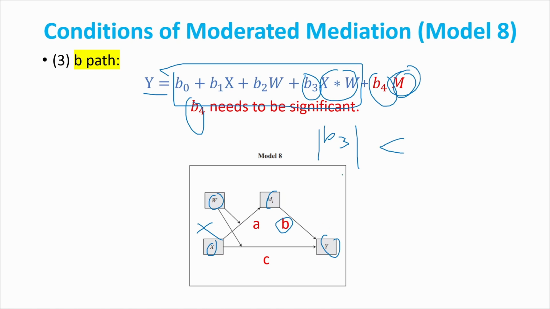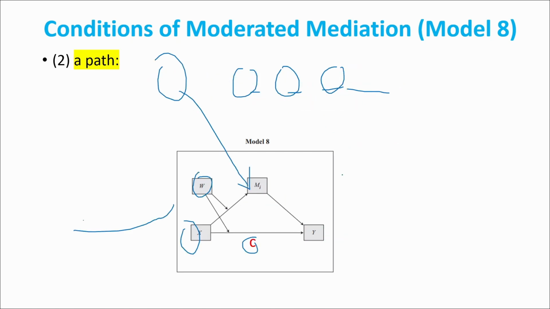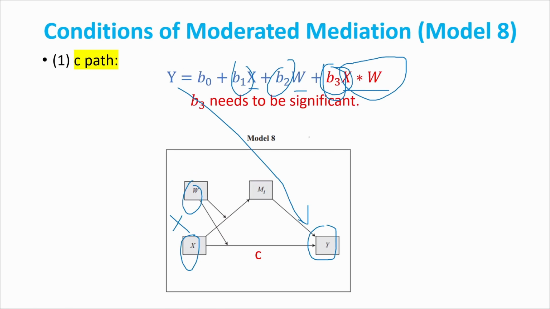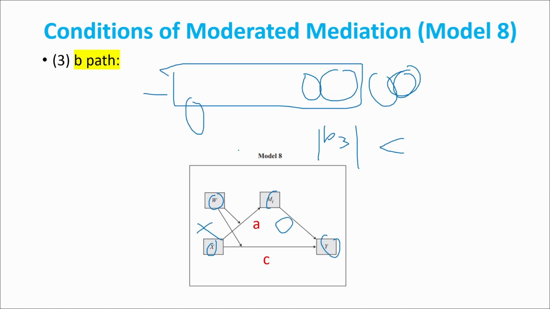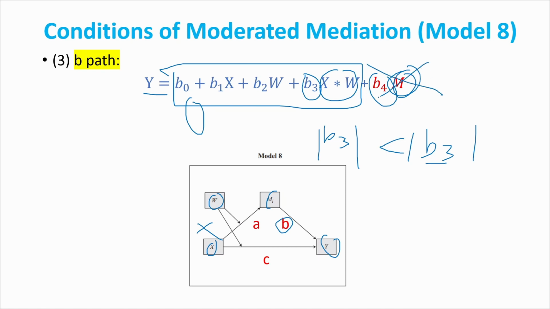Namely, it should be smaller than the B3 in the first step. In general, we expect the absolute value from this step to be smaller than the B3 without adding this mediator. This is just a side note I would like to add here.